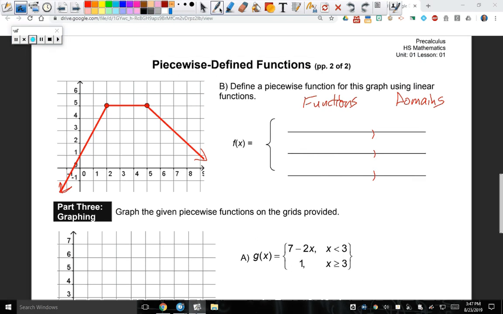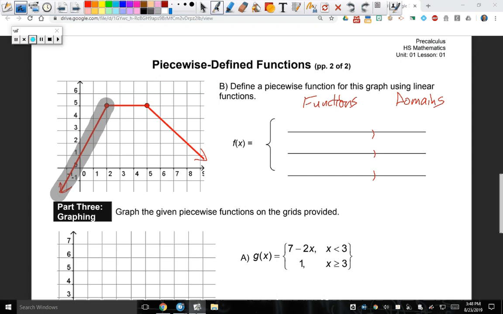Okay, so the way we're going to do this, we're going to refer back to Algebra 1. This first piece, the way I would concentrate on this, and I'm recording this to help you with your homework right now. This first piece is right here, and to me, it's graphed everywhere from negative infinity all the way to 2. Okay, here we go.